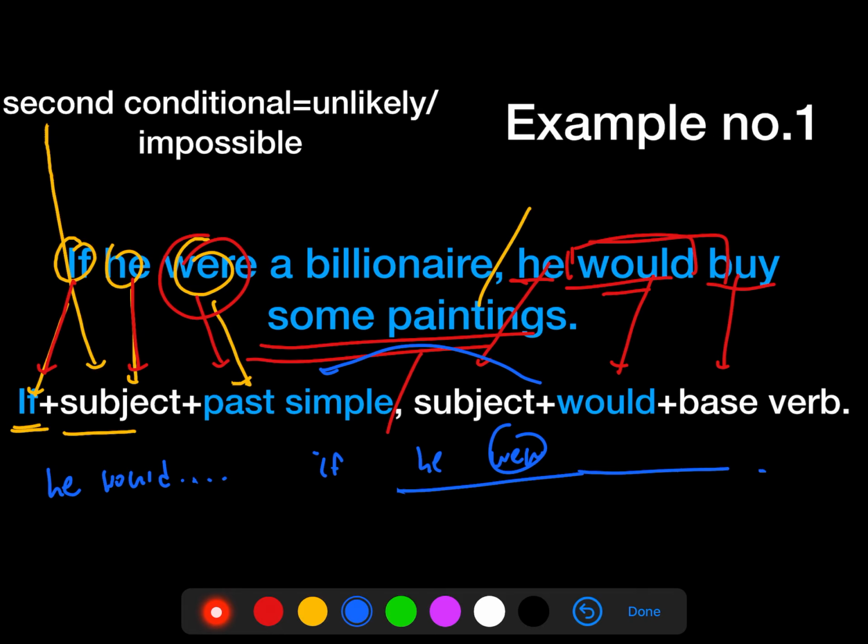But teacher, I have a question. Yes, what is that? I know that when there's he, we need to put was. Then why is it were? Did you make any mistake?